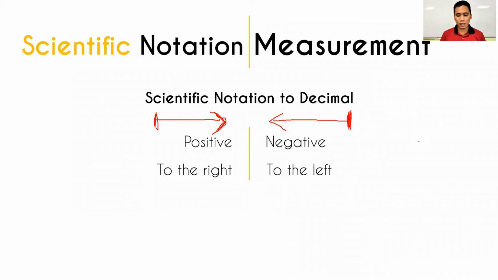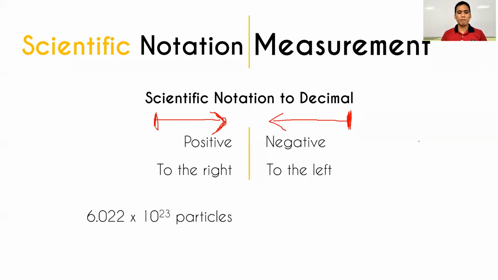But most of the time, we will only use converting decimal to scientific notation. There are also some instances where we have to convert scientific notation to decimal. Okay, so that is the movement of your decimal point.